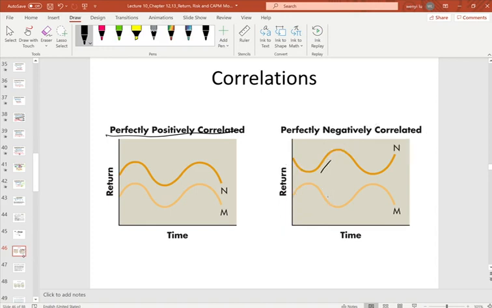If we add N and M into a stock portfolio, you can see their whole variations will be reduced, because they are hedging each other. For example, like this one. But for this one, they are not hedging each other, so their risk will still be high, but not as high as the individuals.